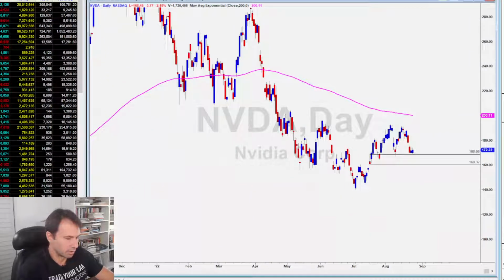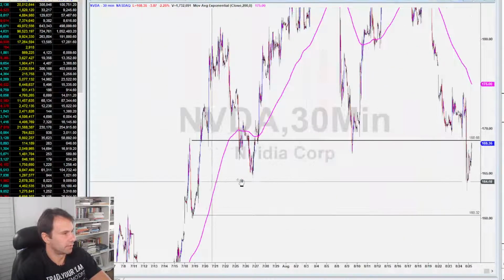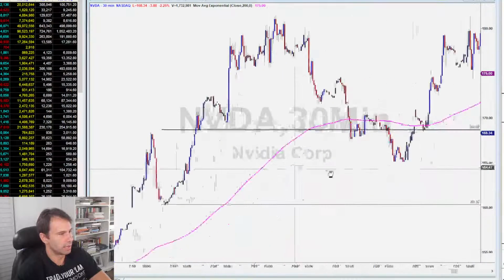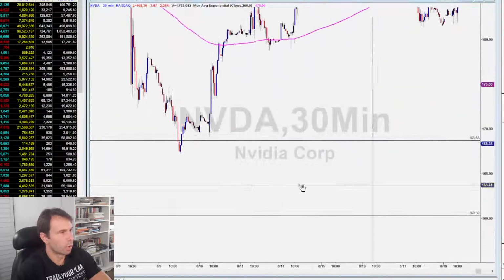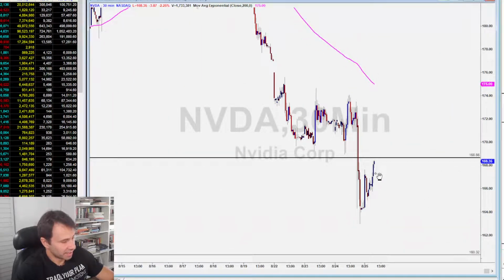If we go to the 30 minute, I do have this demand created a few days ago in July, and then it's holding right here, right? If Nvidia comes here and then rejects to the downside, which is a very likely scenario, I think the NQ will drop a little bit.